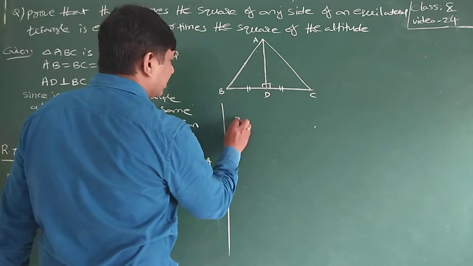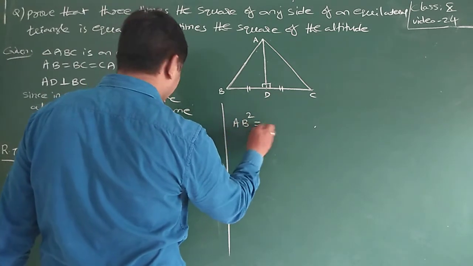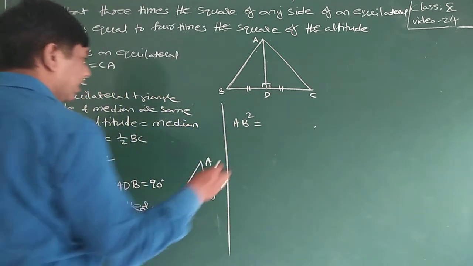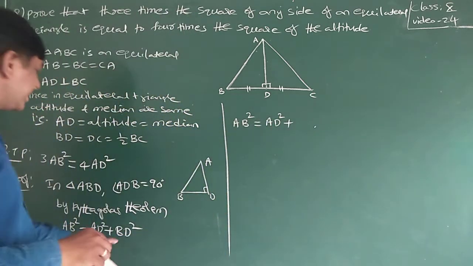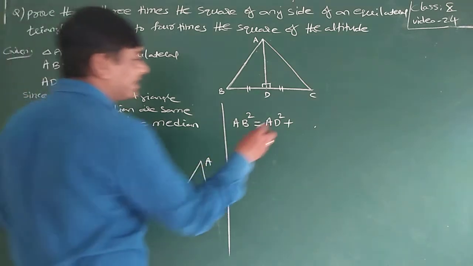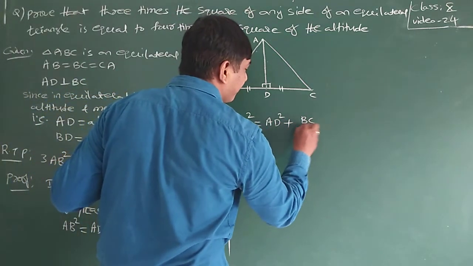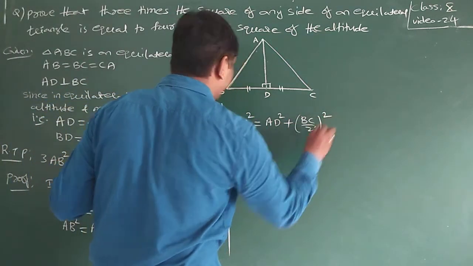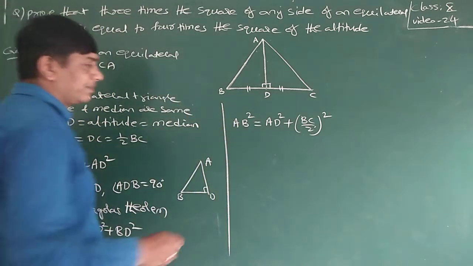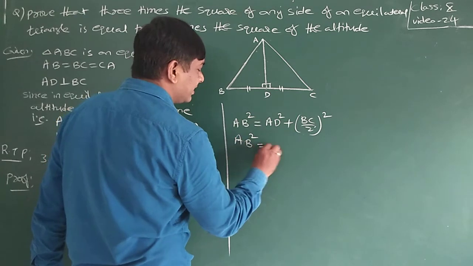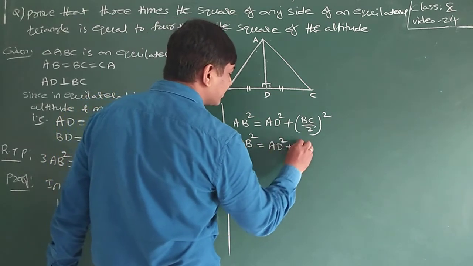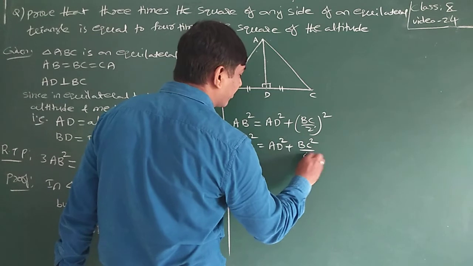Now, AB square is equal to AD square plus BD square, and BD can be written as half of BC. So I am writing BC by 2 whole square instead of BD. Now AB square is equal to AD square plus BC square by 4.